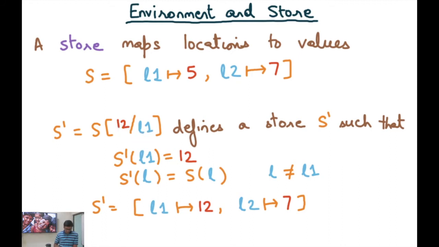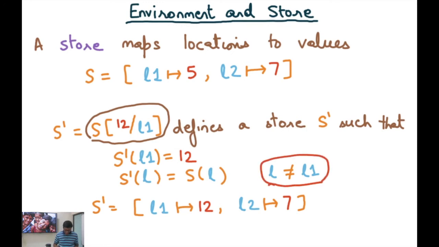More formally, if I call this whole memory S prime, then S prime defines a store such that S prime of L1 equals 12, because that's the overriding. So 12 has been assigned to L1, but for everything else that is not L1, S prime of L equals S of L. That's the definition of S prime.